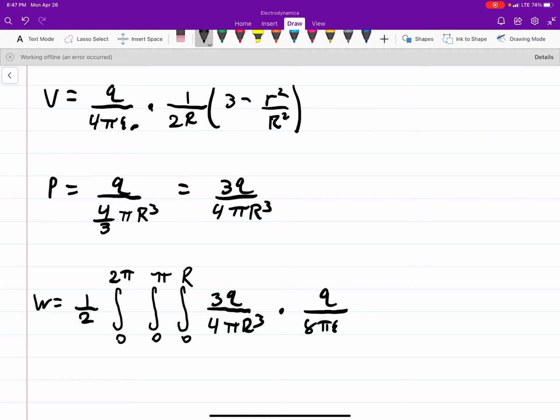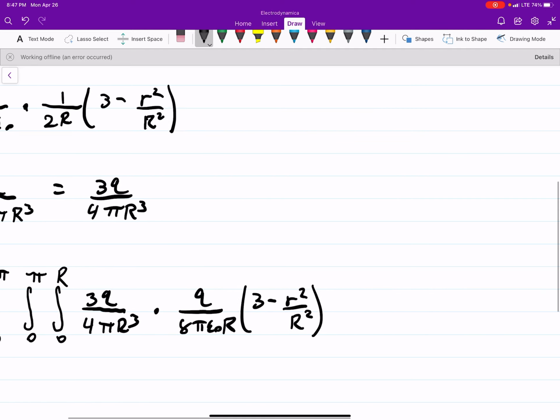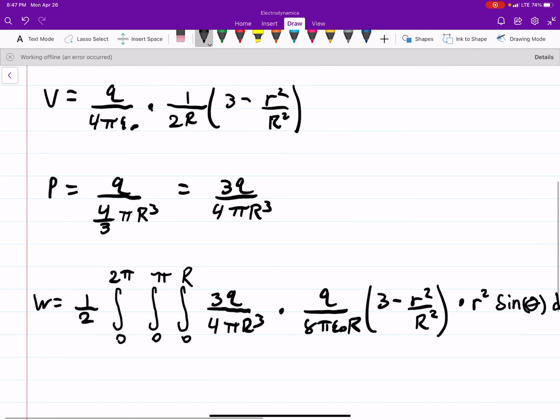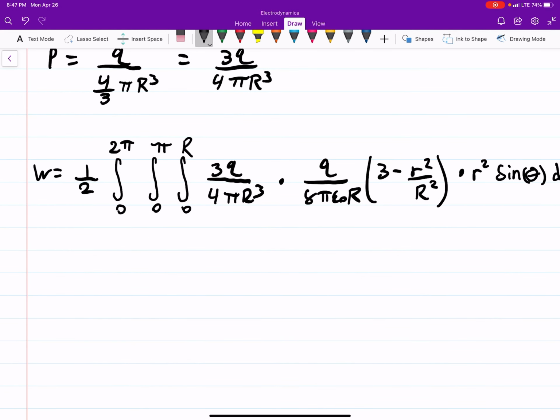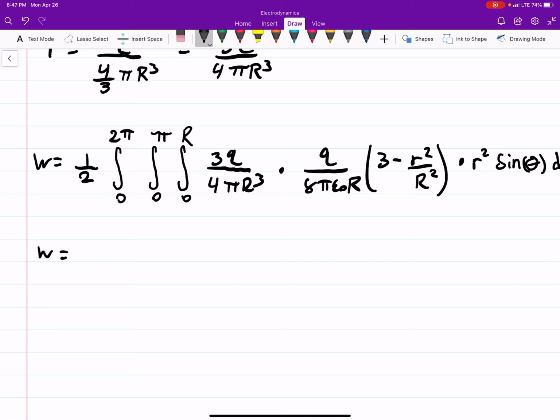That's 8 pi epsilon naught R times 3 minus little r squared over big R squared, and then d tau, your volume element, which is r squared sine theta dr d theta d phi. So we have to solve this integral, and then we can find our work. The d theta d phi terms will get you 4 pi. So if we evaluate the first two integrals, you get that.